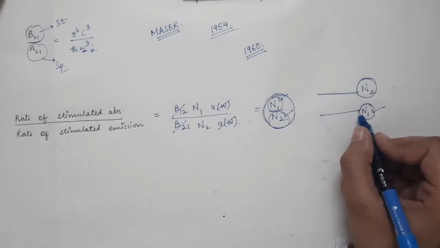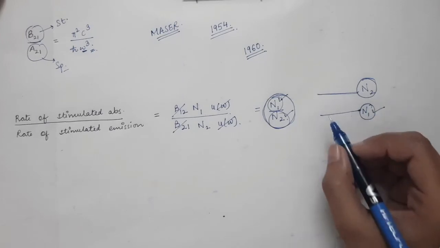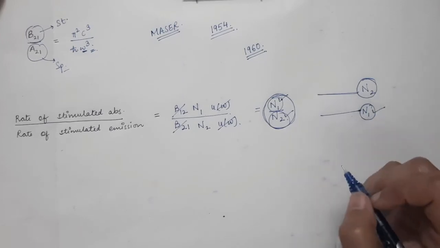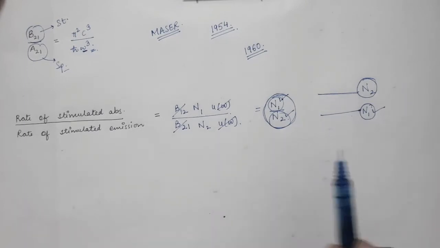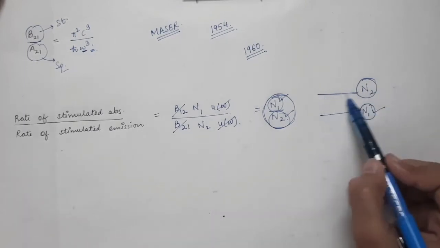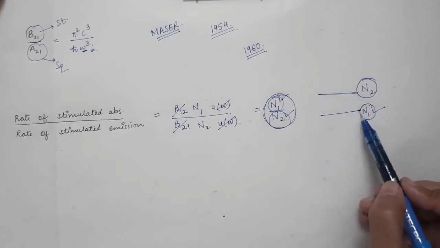But in the case of a laser, we want the opposite condition so that lasing action can occur successfully. So we want more atoms in the excited state and fewer atoms in the ground state.